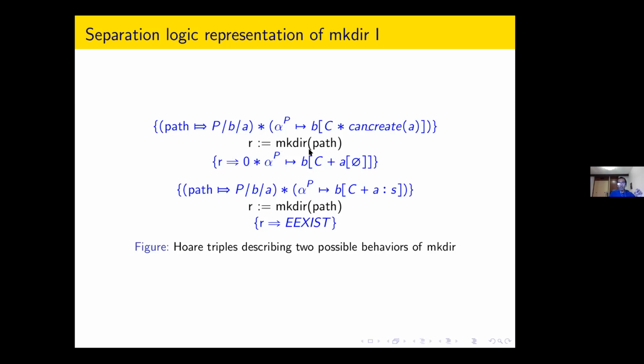So when we are calling mkdir, we get a return value which is stored in the variable r. And the fact that r is 0 in the postcondition shows that we have success in terms of what has happened in mkdir. And consider the rest of this whole triple.